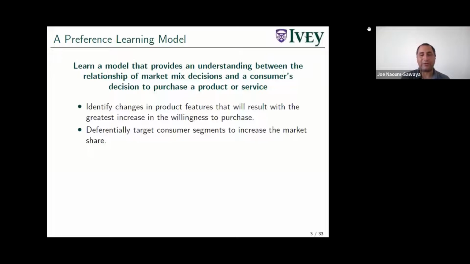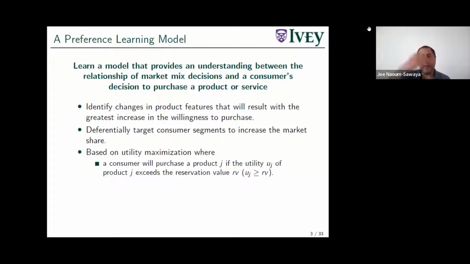One of the main cores of this work is that the markets are not uniform. Different regions have different preferences. So it helps us drive product features and product upgrades for different markets differently, and this will help us grow profits. And the whole theory about this preference learning is really based on utility maximization.